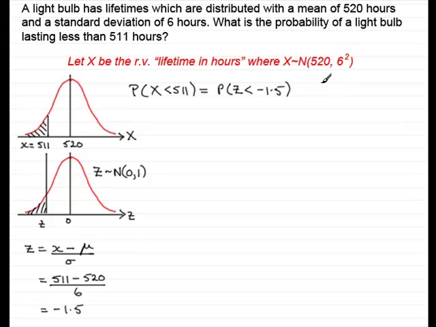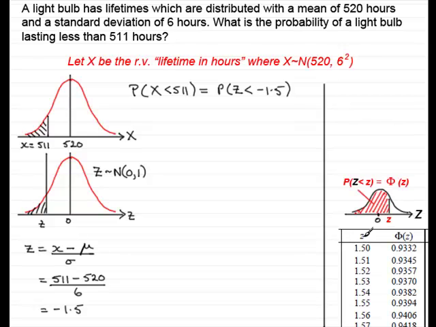Now in order to do this, we always need to use the probability tables for the normal distribution, the cumulative probability tables. If I bring those up, here's just an extract from a set of tables. Those tables give you the z value, and they give you what is called phi of z.